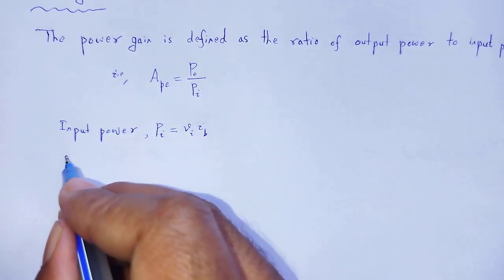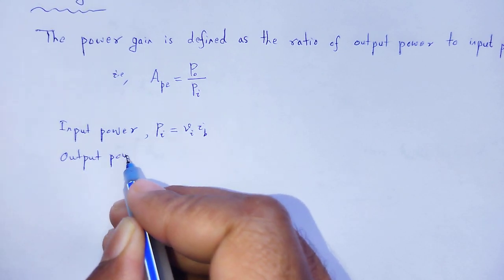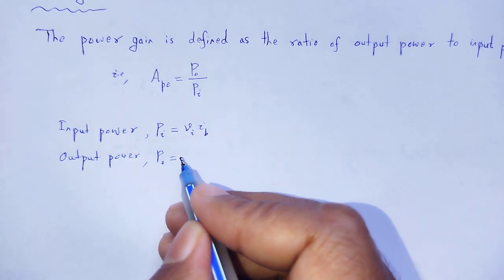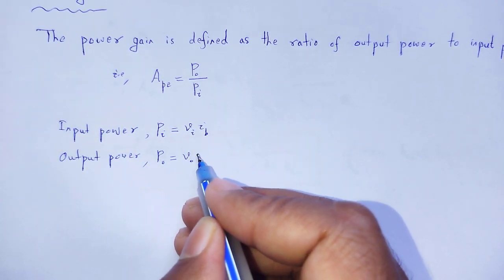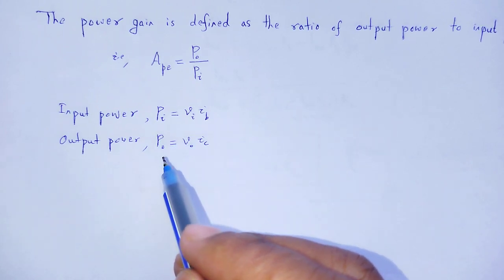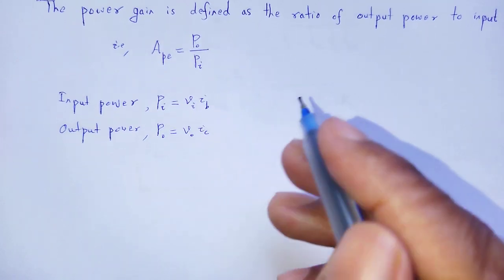Next, output power PO is output voltage into output current. Now, the values of Pi and PO are put in the expression for power gain.